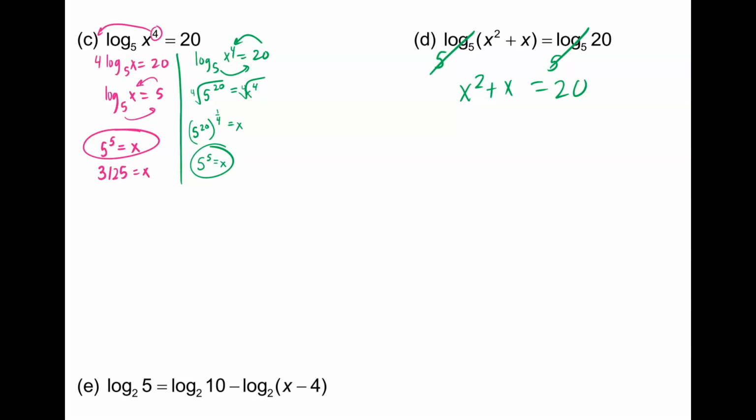So if there's a log of the same thing on each side, you just set the insides equal to each other. X squared plus x is equal to 20. Then x squared plus x minus 20 equals 0. Just have to factor it out.